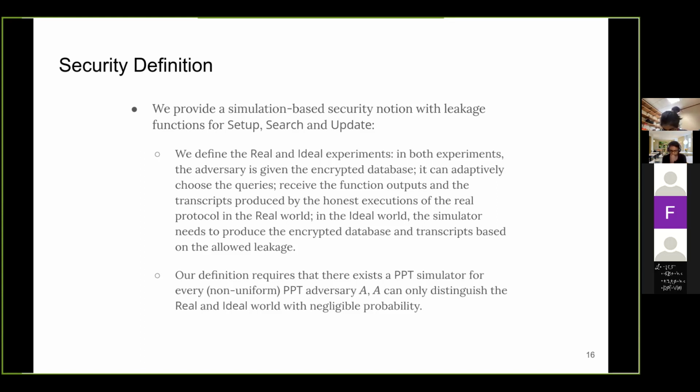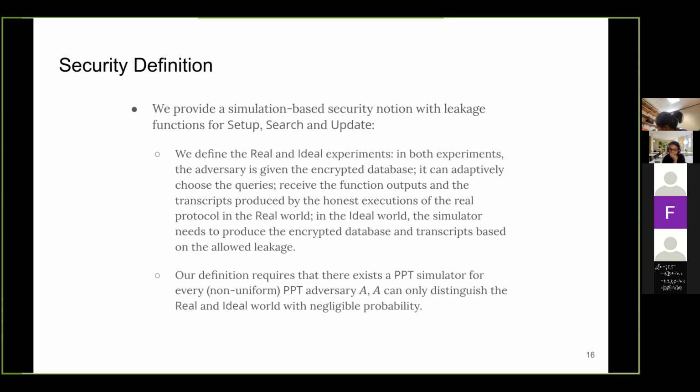Say for keyword search, it will know the return result because the functionality is deterministic. Right. If it's response hiding, then it may not see it explicitly, but it will know what it should be. For the correctness, if it's 100% correct, then it will not see it, but it will know that this will be the return result. Otherwise, the correctness will not be satisfied.